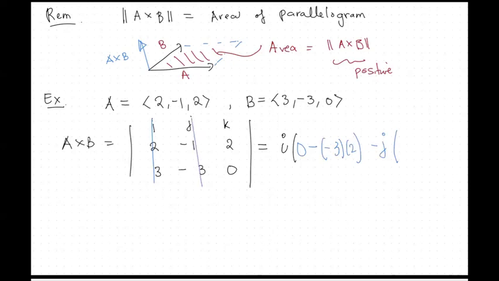Then for minus j, we cross this out, and then this is 2 times 0. Okay, let me write 2 times 0, and then minus 3 times 2. And then plus k, we have 2 times 3, and then minus 3 times negative 1. Okay, pause this a little bit and then compute.